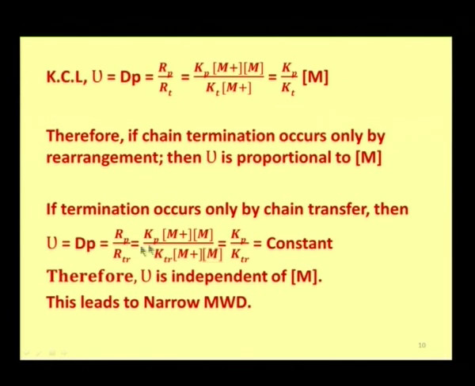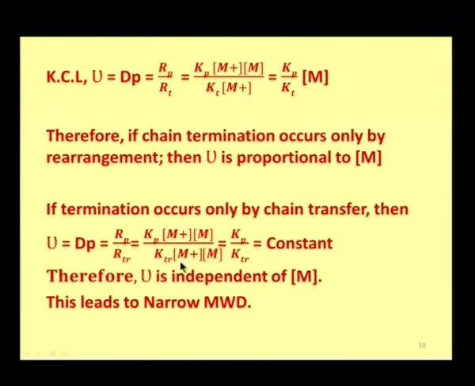Suppose the termination is going to occur by a chain transfer method, then the kinetic chain length is given by DP equal to Rp by Rtr, where rate of propagation Rp is given by Kp M plus concentration into M concentration. This is divided by rate constant for the termination Ktr by chain transfer, multiplied by M plus concentration.